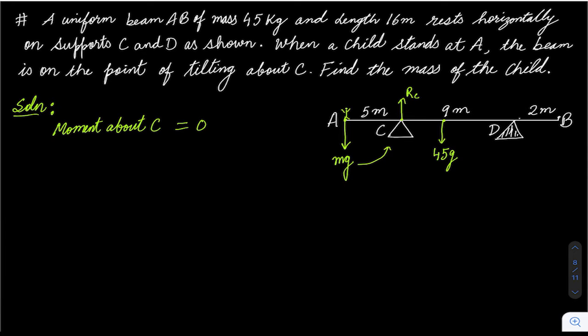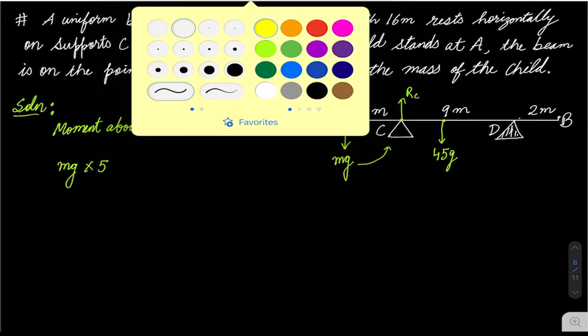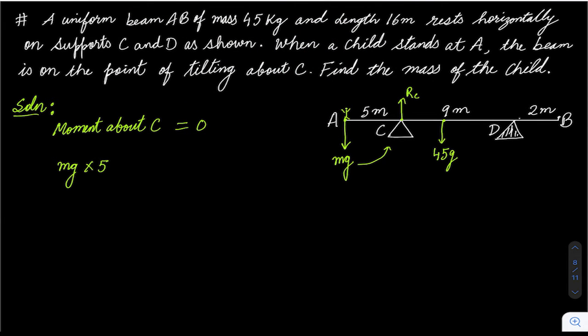What is this direction? This is nothing but anti-clockwise. So mg times the distance, which is 5. And what about the moment for the force 45g, that is the weight? The weight is like this, and we are taking moments about C, so it will try to go like this, and this direction is nothing but clockwise. So the anti-clockwise moment should be equal to the clockwise moment.